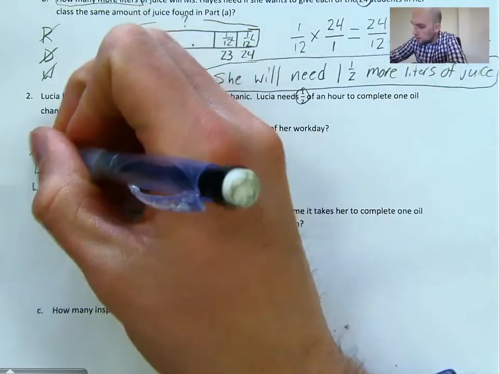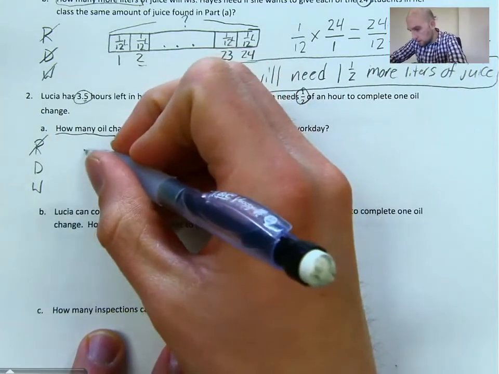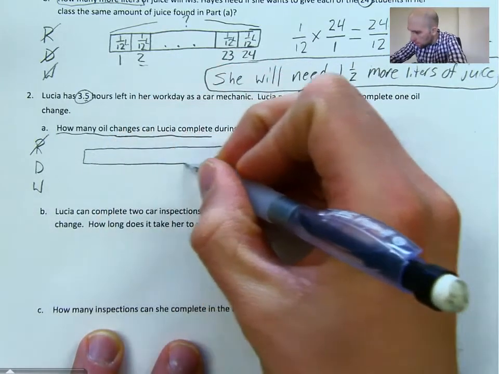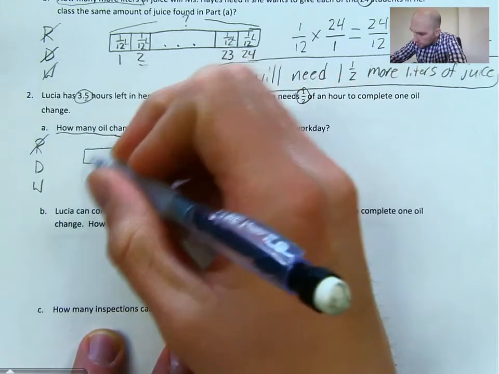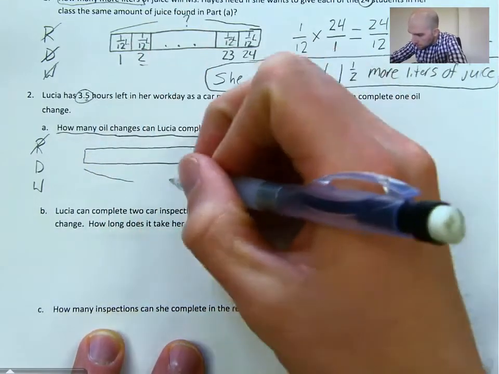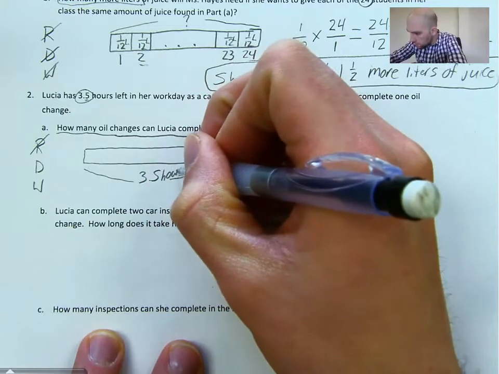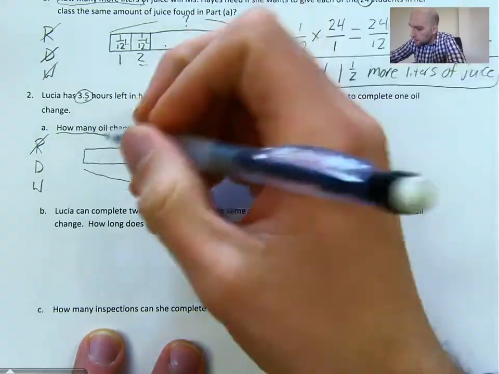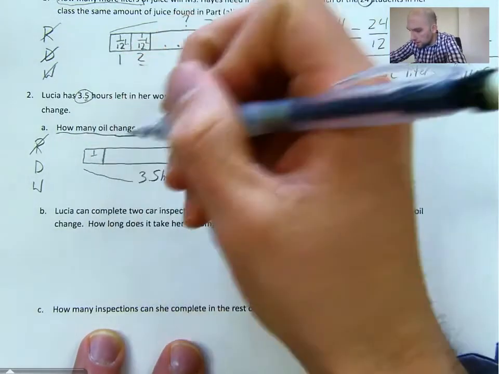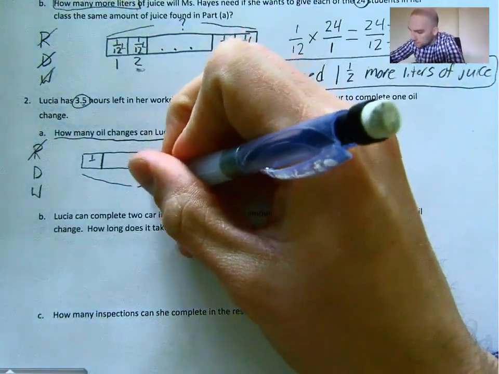So when I draw my tape diagram, I know that I have 3.5 hours left altogether. And I know that each oil change takes a half an hour.